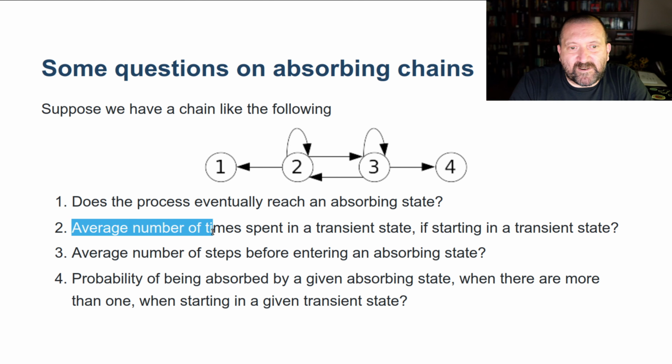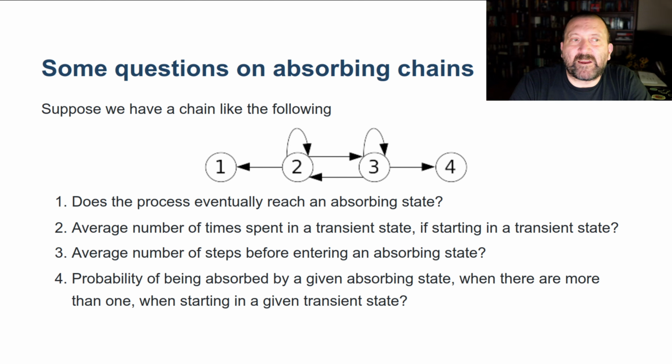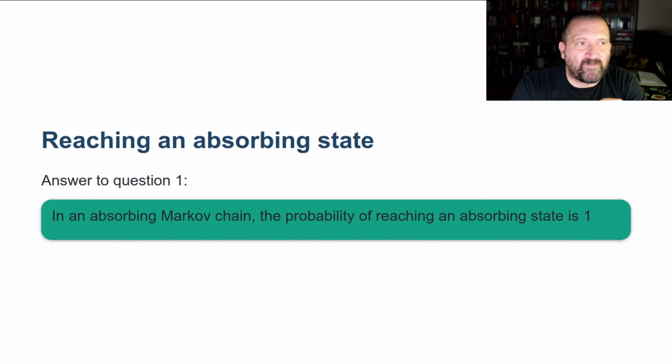Other questions: how many times on average am I in a transient state if I start in a transient state, before I am absorbed in one of those 2 states? And what's the probability that I will be absorbed by, say, state 1, if there's more than one absorbing state, depending on where I start? These are all questions that we answer using linear algebra.